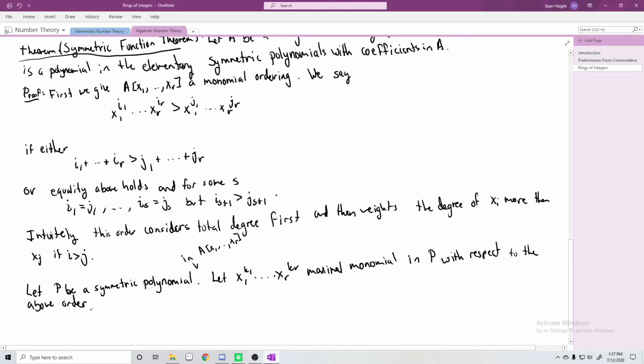Okay, with non-zero leading coefficient C, I guess with non-zero C and A. Okay, so since P is symmetric, it has to contain every other monomial that's a permutation of this monomial.